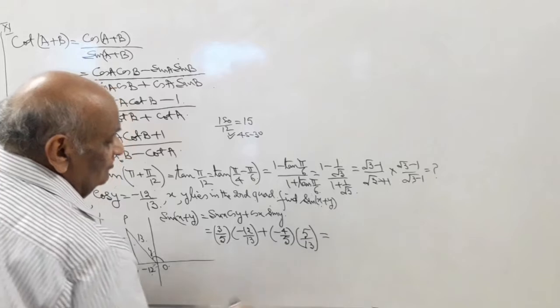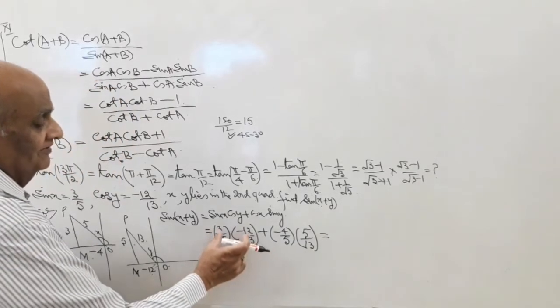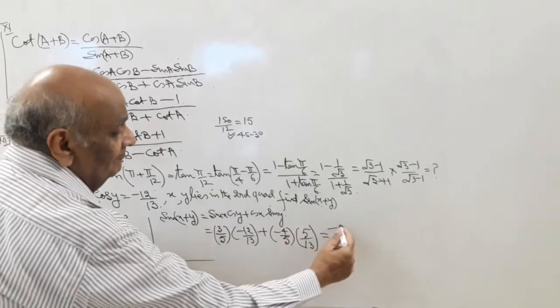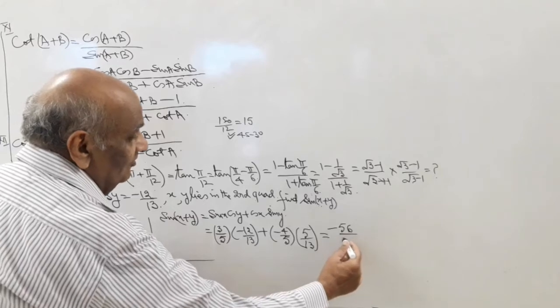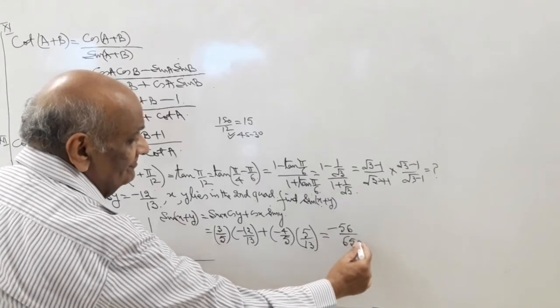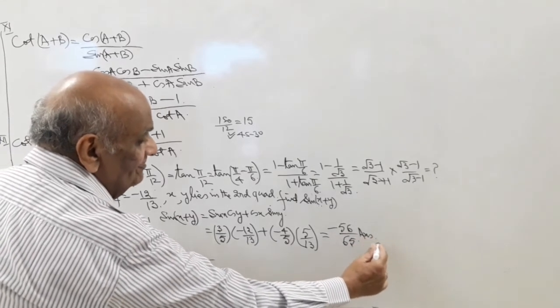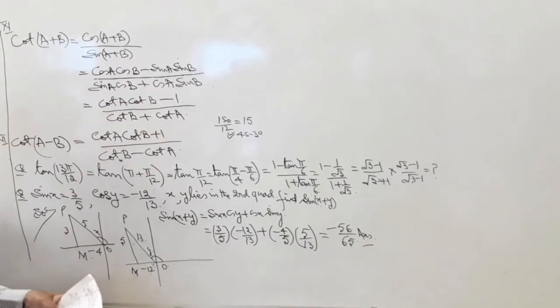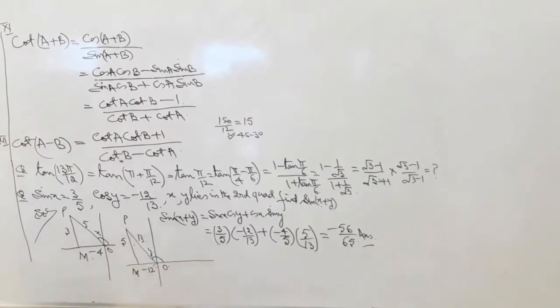When you simplify, minus 36 minus 20, that is minus 56 upon 65. This is the answer, the value of sine of x plus y.